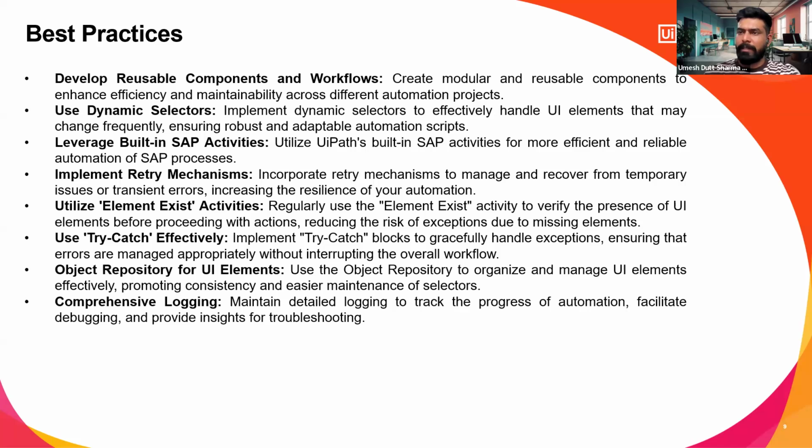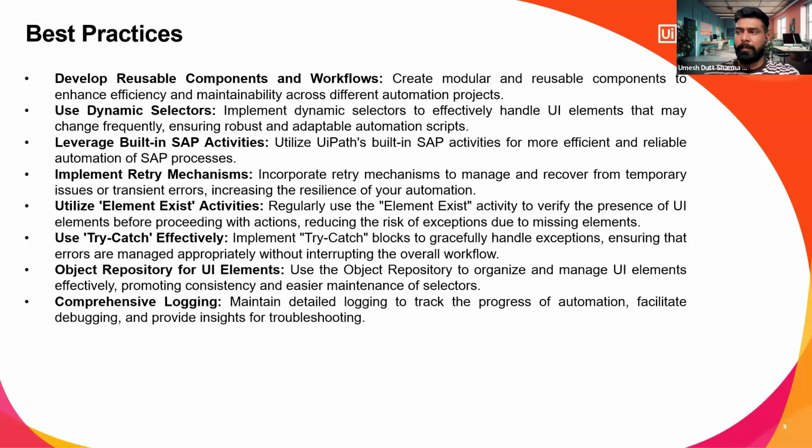The next is using dynamic selectors. Since we are dealing with UI automation, selectors become really important when we create a robust solution. The selector has to be dynamic, so that even if we see any slight variation in the application, the selector should work fine.